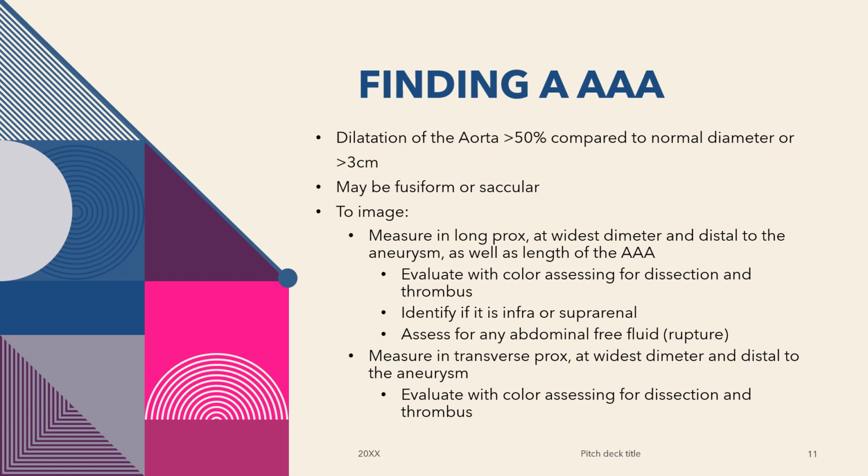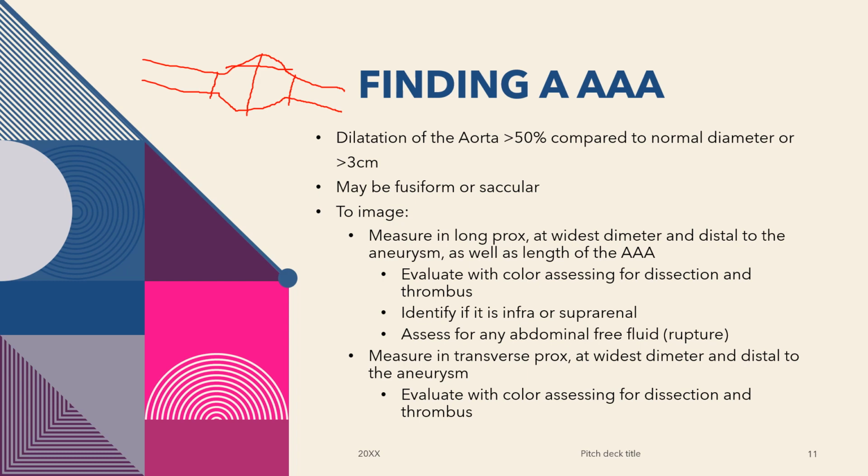If you do come across an aneurysm, what you're going to want to do is measure in long. So if your aneurysm is looking something like this, you would measure proximal to, at the widest region, distal to, and the length of the aneurysm, and document that information.